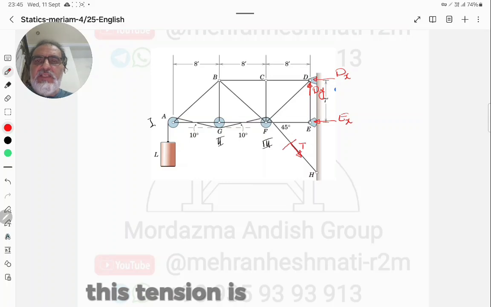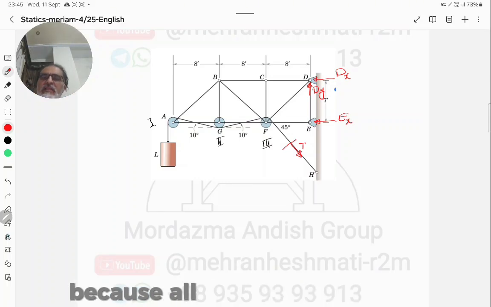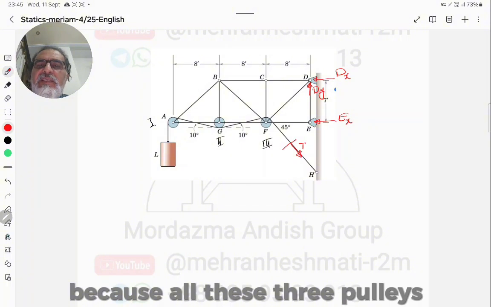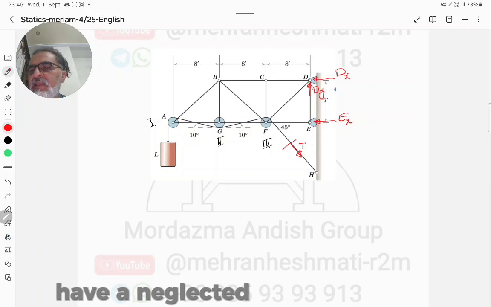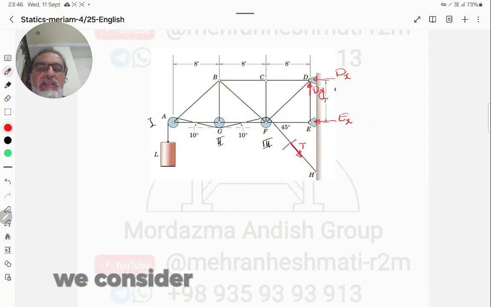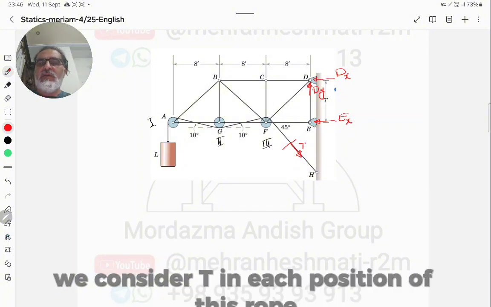This tension is T. Because all these 3 pulleys have neglected mass, we consider T in each position of this rope.